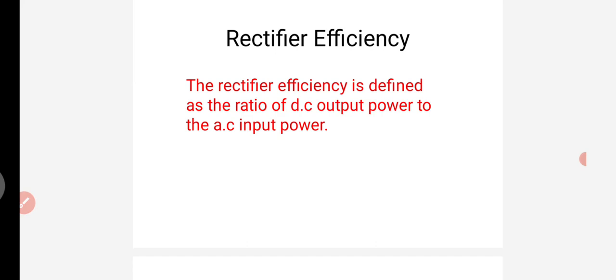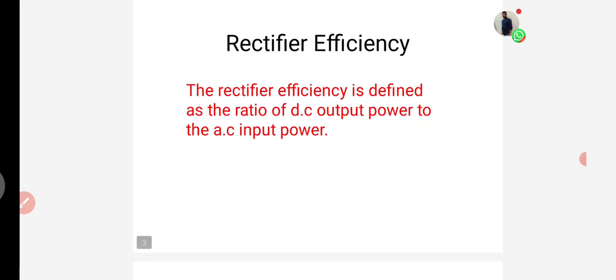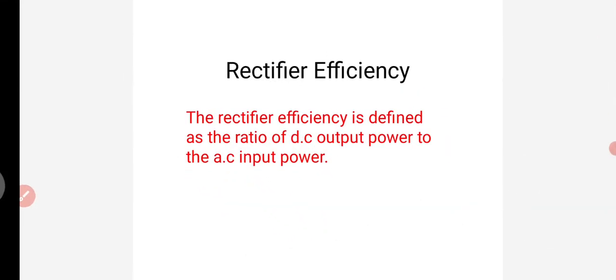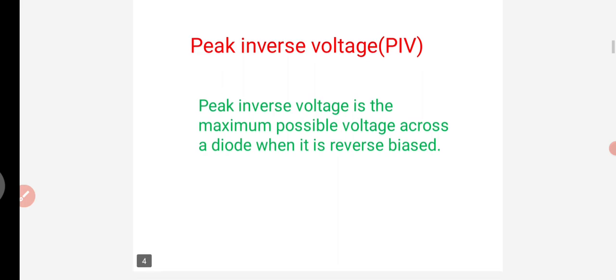When we calculate the efficiency of any circuit, we calculate it from output to input. In a rectifier circuit, the input given to the circuit is AC and the output obtained from the rectifier is DC. So when we take the ratio of DC output to AC input, we get the rectifier efficiency.